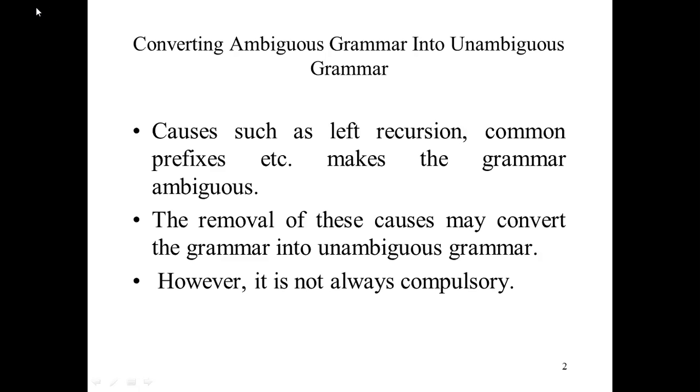Whenever we are doing lexical analysis and syntax analysis, we will get some sort of ambiguous grammar when we implement various trees. In those parse trees, we will get some ambiguous grammar.